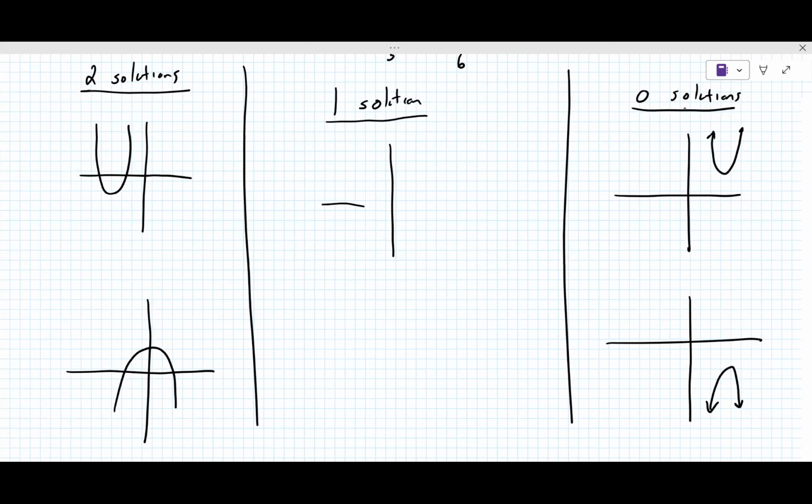And it's one solution if it touches. So you can think of it as touching or bouncing off, something like that, but it touches there. Oh, okay. Okay.